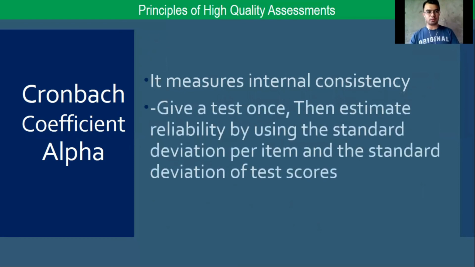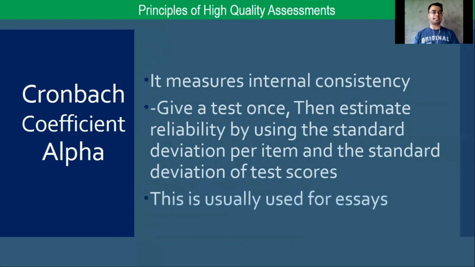You give a test once, then estimate reliability by using the standard deviation per item and the standard deviation of test scores. And this is usually used for essays. Although there is also a Cronbach alpha for multiple choice and binary tests, for essays, Cronbach's coefficient alpha will be used.